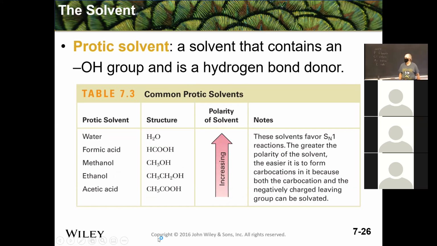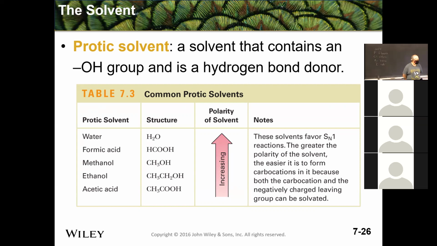Okay, the solvent can make a difference. A protic solvent is one that contains an OH group and is a hydrogen bond donor. So these are examples of protic solvents. Liquid ammonia could also be a protic solvent.